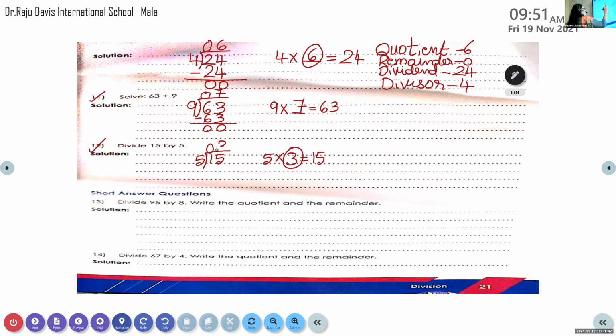Below the dividend 15, then 0. So 3 is the answer. Write the numbers over there on the other side. Good. 3 is the quotient, 0 is the remainder, 15 is the dividend, and 5 is the divisor. Okay, good. Good, Fred. Anna, good.